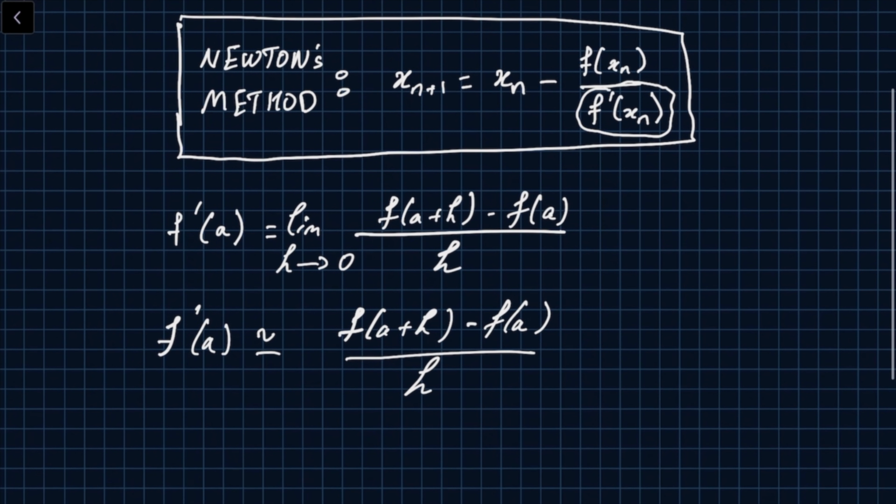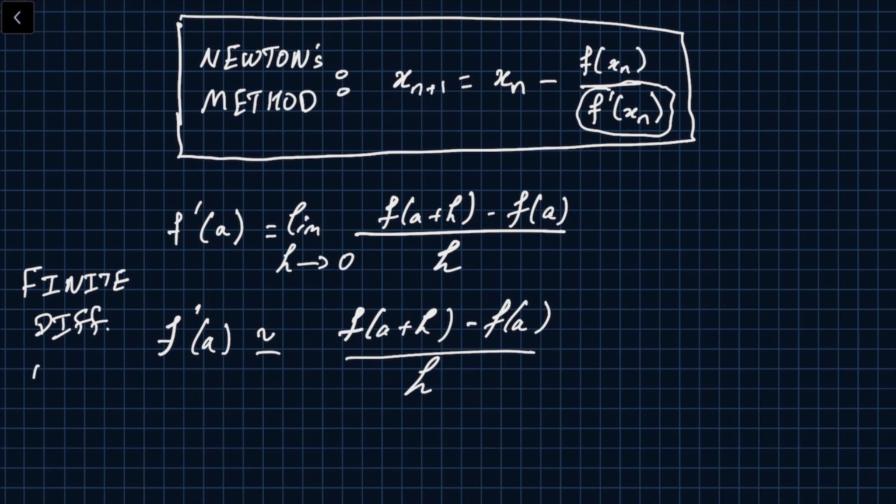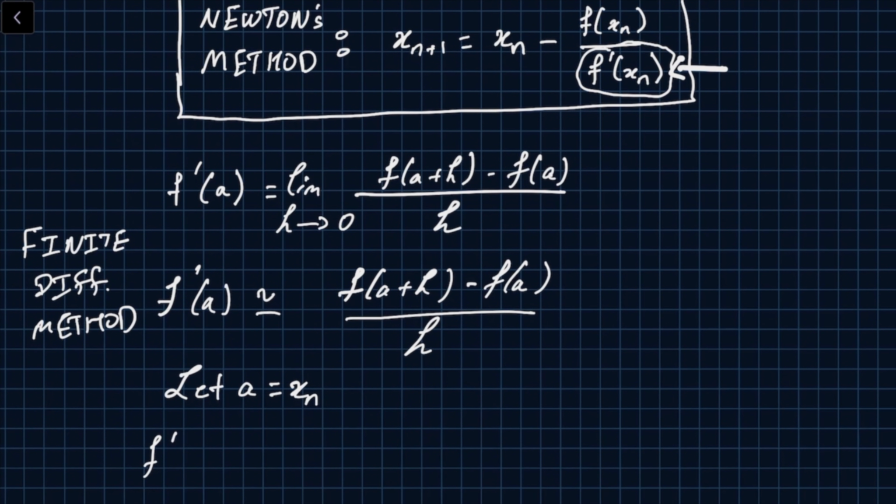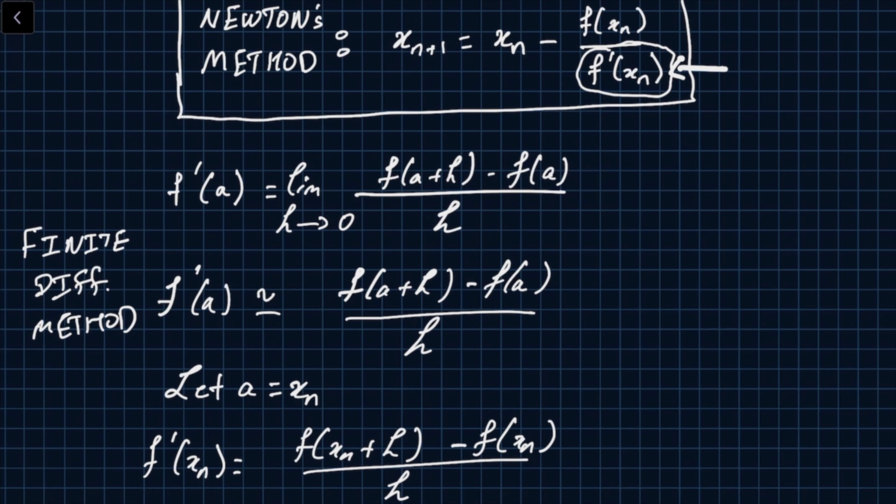Okay. Well, we have f prime of x_n. Let's see how this applies. Let's see if we can make use of this finite difference method. Okay, we have this approximation. Well, let's say let a be our x_n, right? Because at the end of the day, we care about this guy over here. Let's see what we get. So f prime of x_n is approximately f of x_n plus h minus f of x_n over h, right?